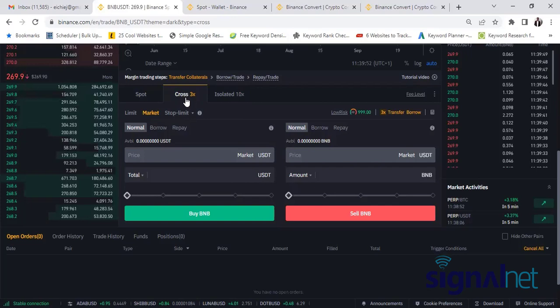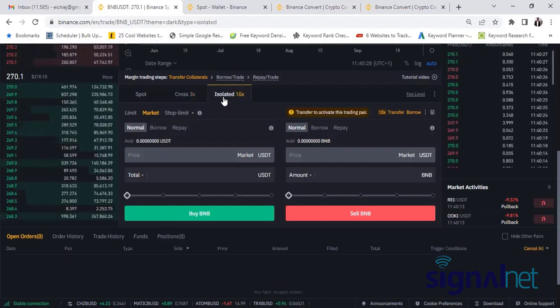What the cross does is this: if you take a trade under this cross, outside the money that you transfer to the cross, because now if you notice under the overview, we also have a cross wallet too, they can start looking for money from other places in your account to support your investment. Meaning that if you are using cross, you can lose more than you plan to. That's the advantage of using isolated.